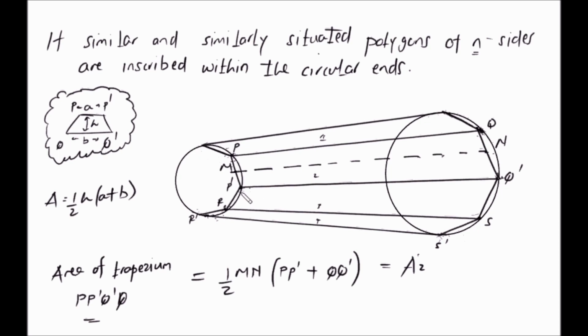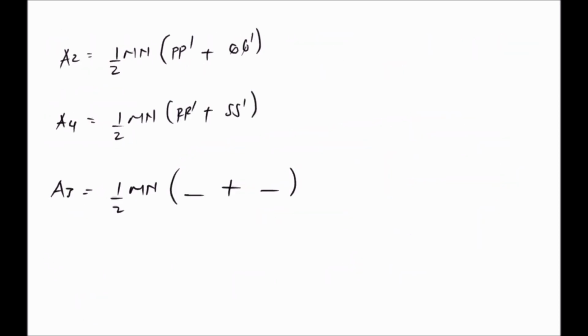Maana kwa trapezium nyingine yoyote, ile sehemu ya kwanza, kwa mfano labda tungechukua A3 ingekuwa ni P dash R, ambayo na yenyewe ni side. Na hapa tena ni side. Na mwingine tena na yenyewe ni side. Hivyo hivyo. Kwa hiyo kumbe hii sehemu ya kwanza tunajaza side of small polygon. Urefu wa side moja ya ile polygon ndogo. Lakini kwa huku sasa QQ dash na SS dash.